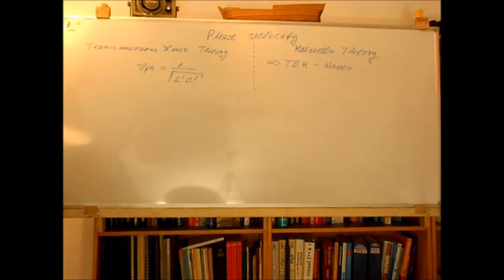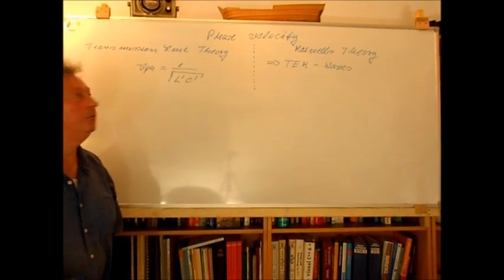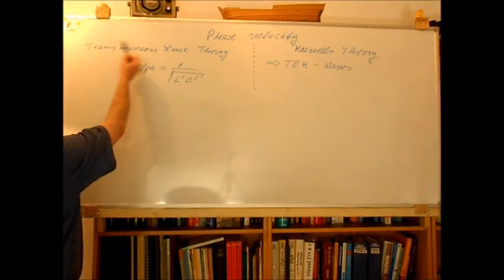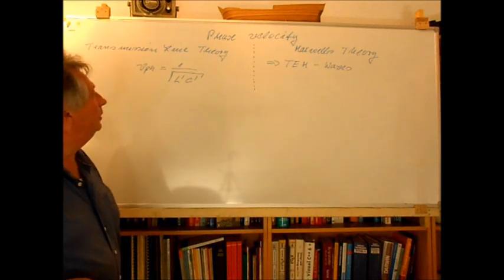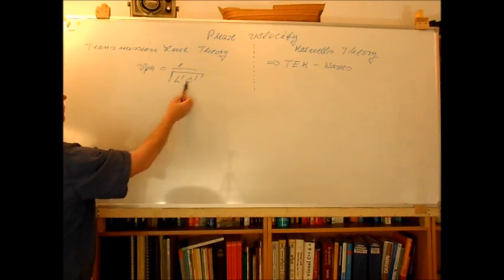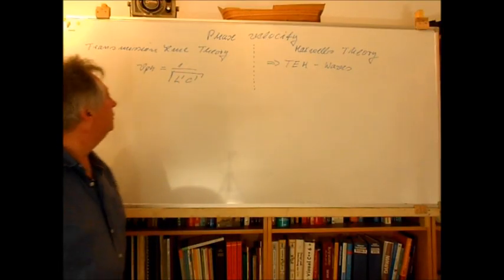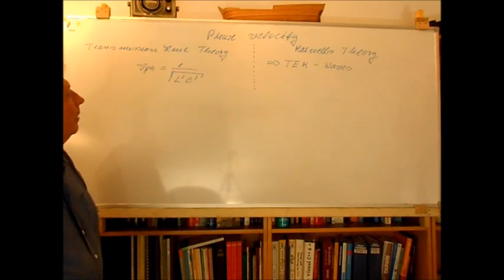So today I want to discuss the difference between two approaches, especially in the case of the phase velocity. At the moment we are in principle discussing transmission line theory, and as a result we got for the phase velocity that this is proportional to 1 over the square root of L prime C prime.